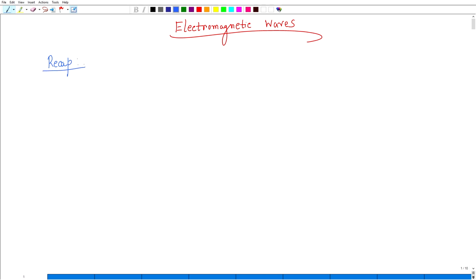Okay. So, first we learned about our Maxwell equations. First we discussed the electric field and magnetic field, right? Electric field is denoted by E vector and magnetic field is denoted by B vector.